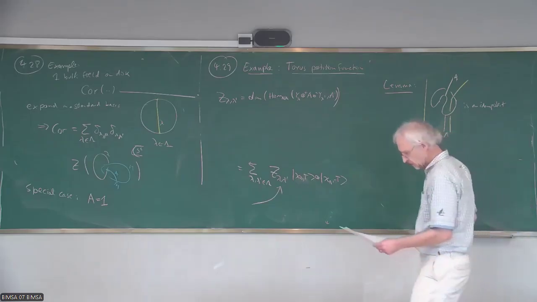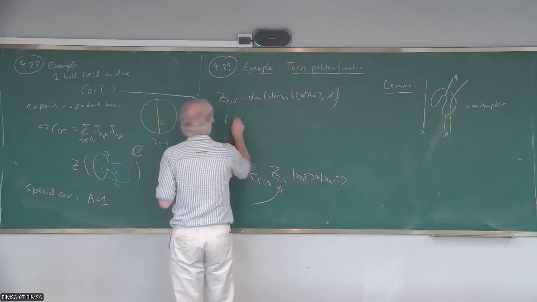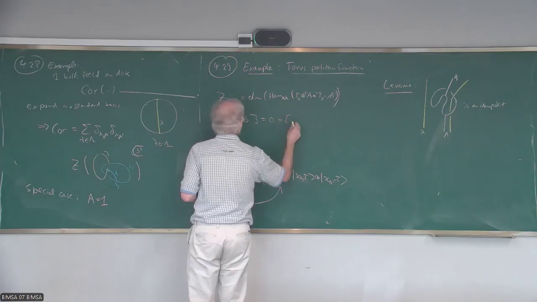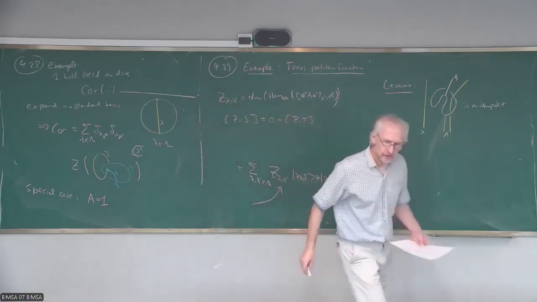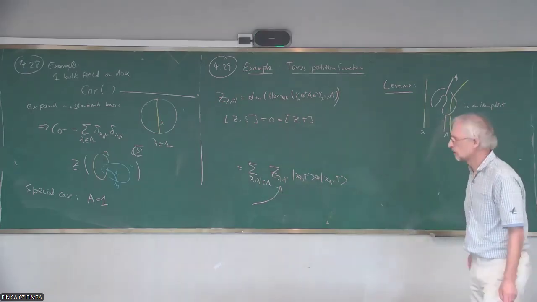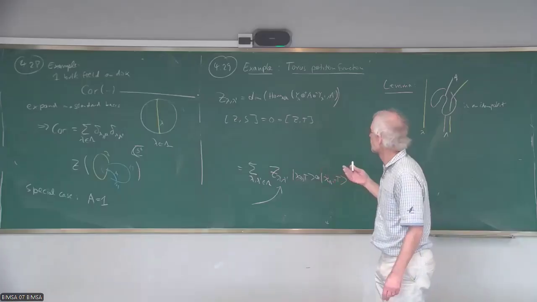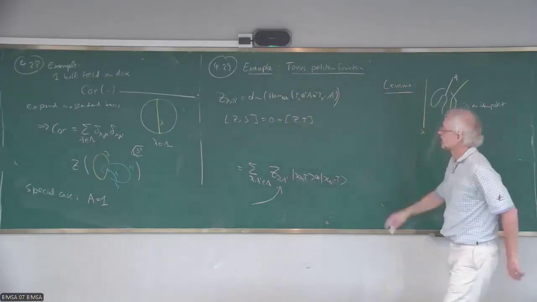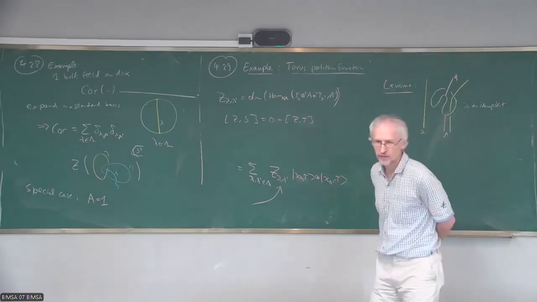You also can show that, so you have this result, and you can show that if you do these modular transformations of the torus, tau goes to -1 over tau, and tau goes to tau plus 1, corresponding representation matrices commute with that. And the reason for this is simple.